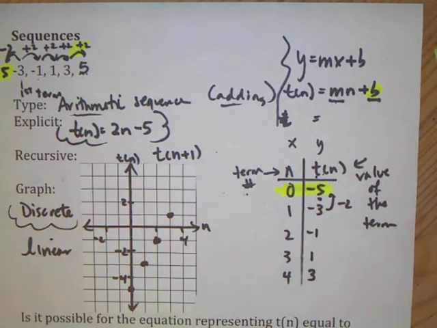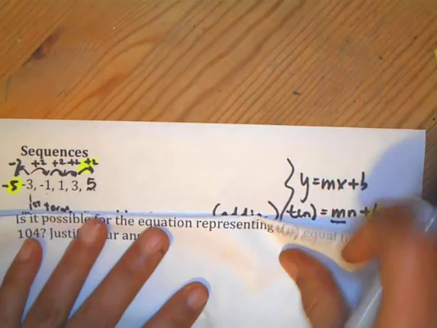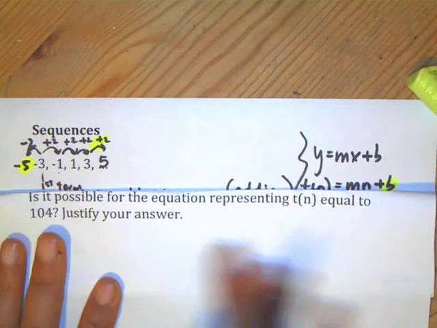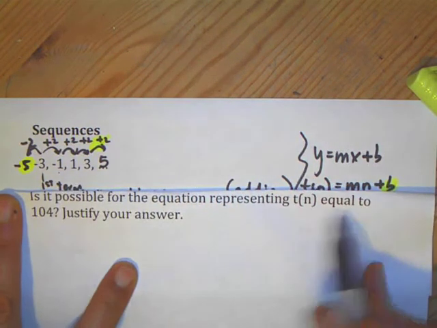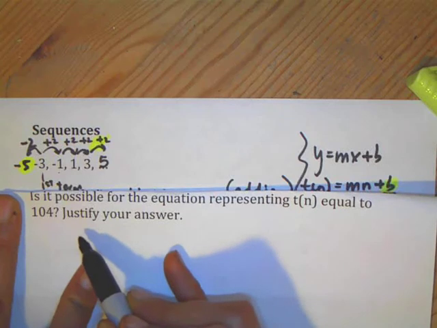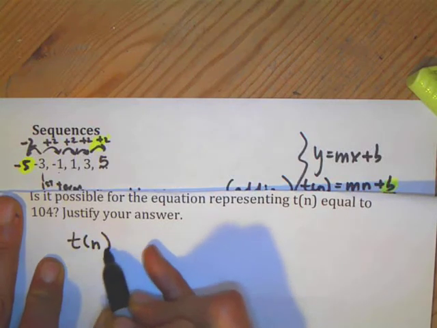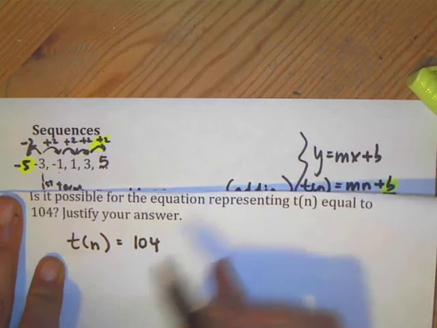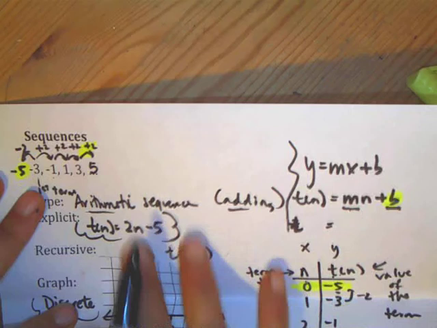Now, another piece that you might be asked is, let's fold this up a little bit because it's getting a little funky there. Is it possible for this equation, t of n, to equal 104? So, can t of n equal 104? Well, I'm going to use my equation. Oopsie, where's my equation? Right there.